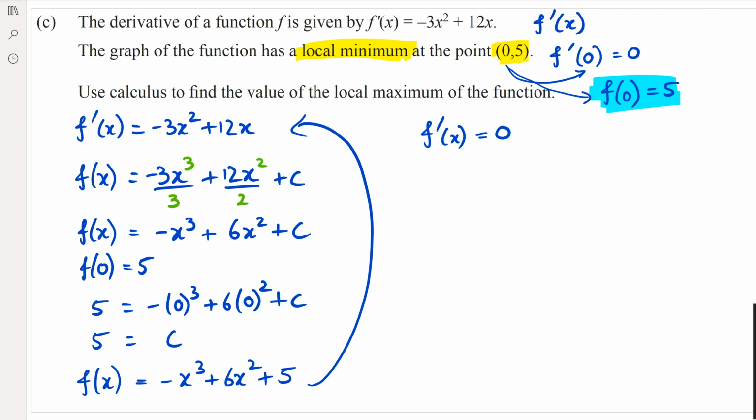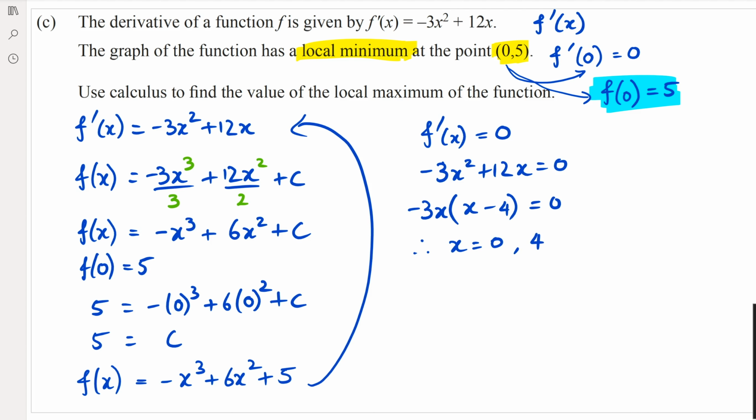So we've got minus 3x squared plus 12x equals 0. Because I can take the common factor of minus 3x out, I get x minus 4 equals 0. Therefore, x is equal to 0 or 4.